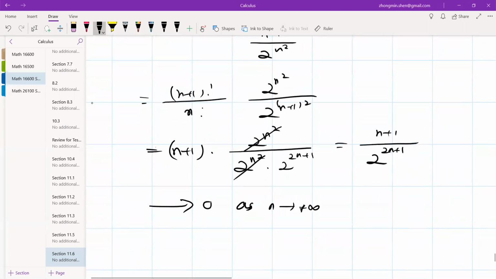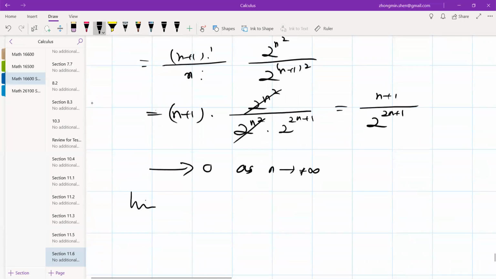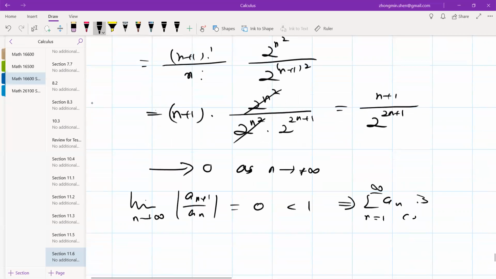You can use the rule to check. It's obvious, so this is 0. That means the limit of the ratio, because the terms are all positive, is 0, which is less than 1. So that implies it is convergent.